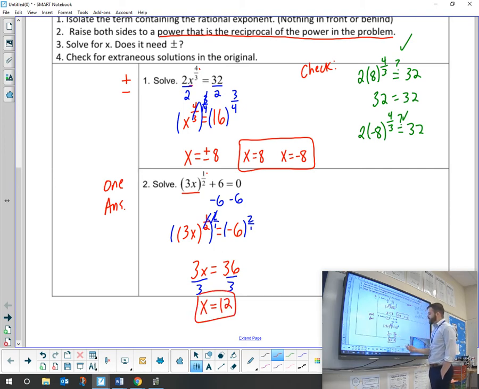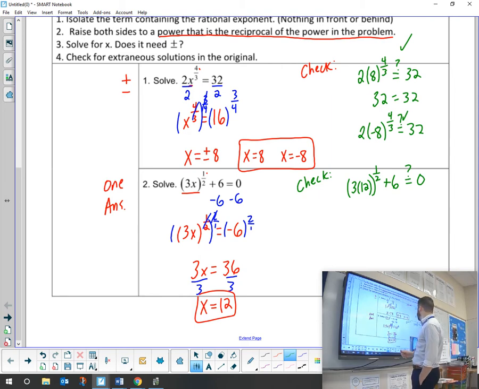So now, I know we only got one answer, but we still need to check it, okay? So we're going to take that 12, we're going to plug it back in. So we're going to go over here, we're going to check it. And I'm going to go 3 times 12 to the 1/2 plus 6, and we're asking, does that equal 0?